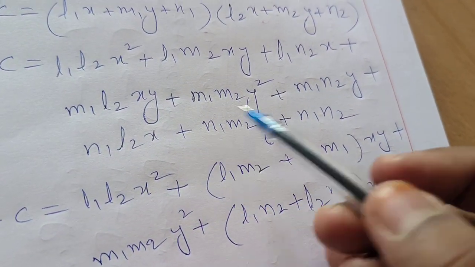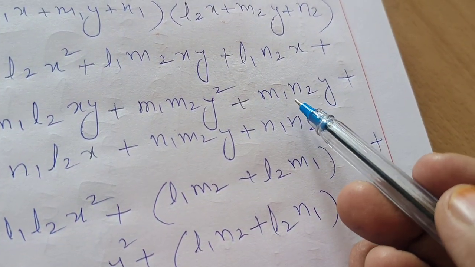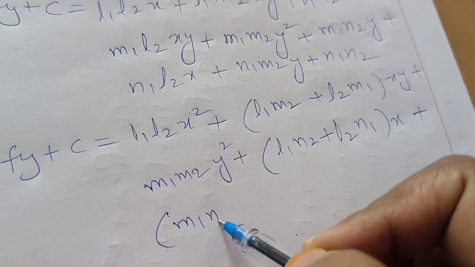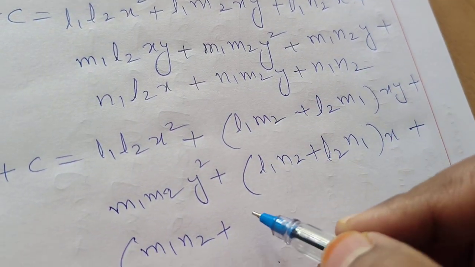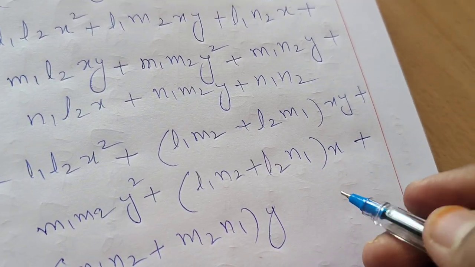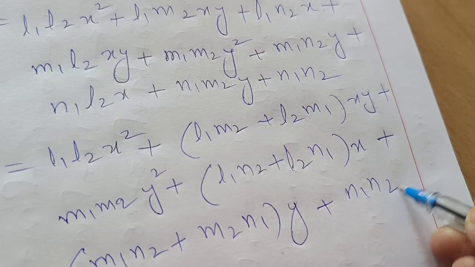Now taking y common, we have M1 N2 plus M2 N1, times y, plus the last term N1 N2.